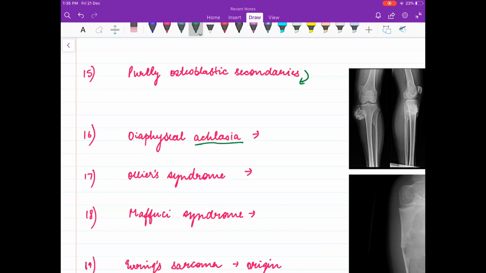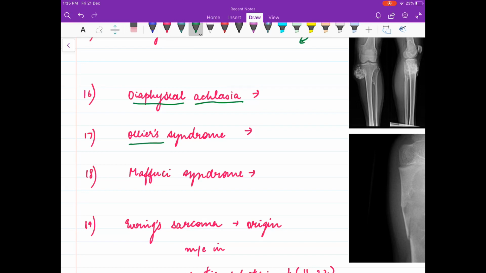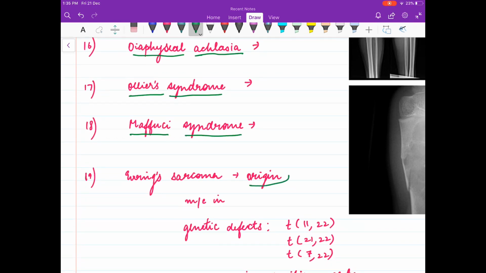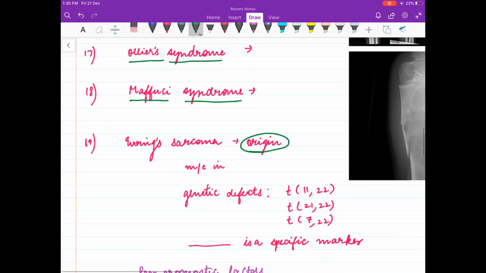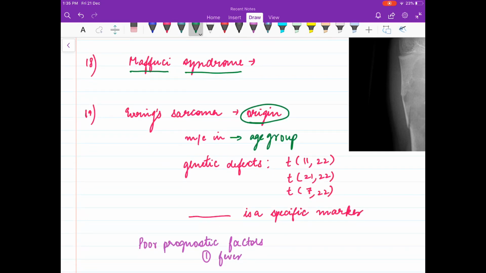What is diaphyseal aclasis? Ollier syndrome is? Maffucci syndrome is? What is the origin of Ewing sarcoma? It is most common in which age group? Genetic defect is translocation between 11;22, 21;22, 7;22, which is a specific marker for Ewing sarcoma?